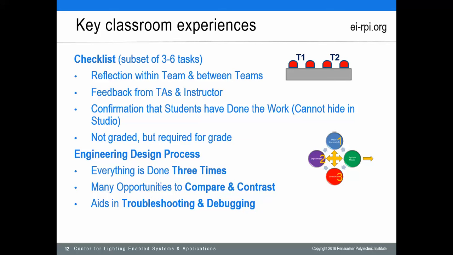And this is done with one of the instructors or teaching assistants and the team, and they have to present what they were trying to do and how the data that they've collected actually supports the goals of that activity.